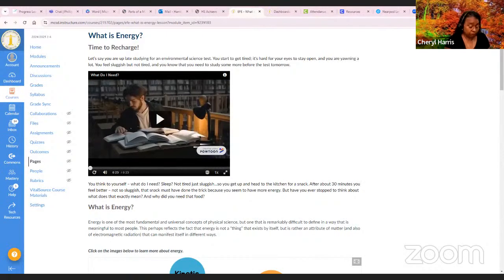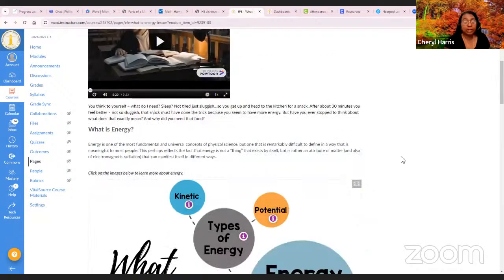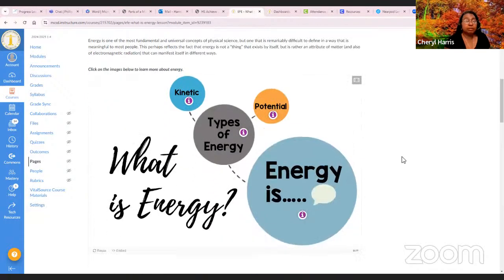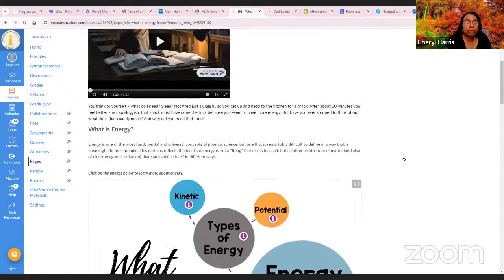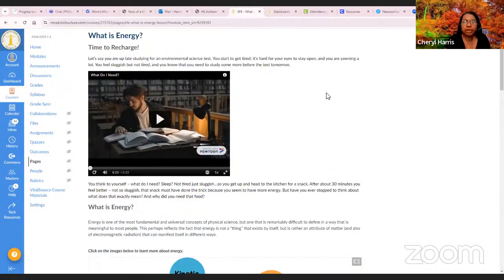You need energy. Okay, so let's look at defining the types of energy. We get our energy from the foods that we eat, but we need a definition for energy.